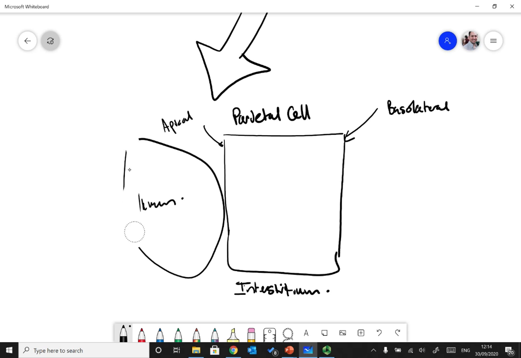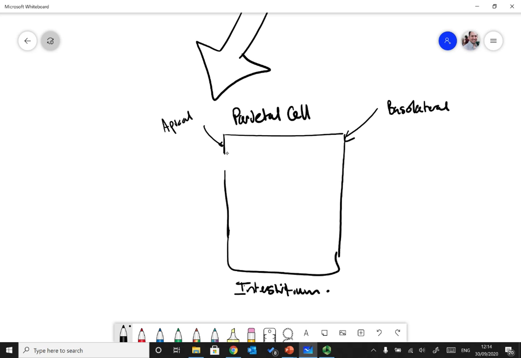Let's just get rid of this lumen, because I don't need to insult anybody's intelligence by trying to keep that there. I can just say that that's the apical cell membrane, and you should know what I'm talking about. And if you don't, we've got a little bit of work to do. Okie dokie.